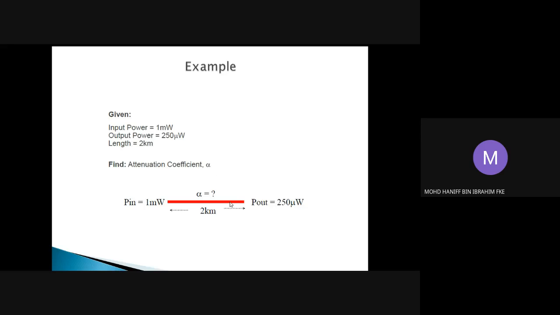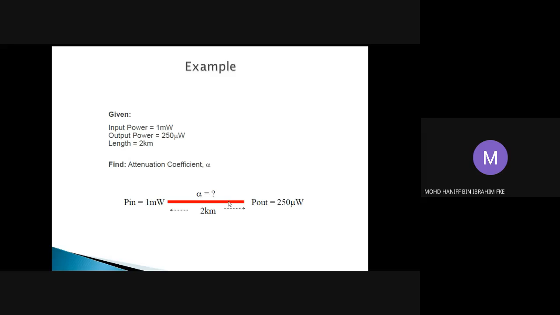This is straightforward, I believe. Alpha equals 10 log of power in over power out, 1 milliwatt over 250 microwatt, and the result of that logarithmic value is divided by 2 kilometers, which gives us alpha. The solution is there in the PDF slide just now.